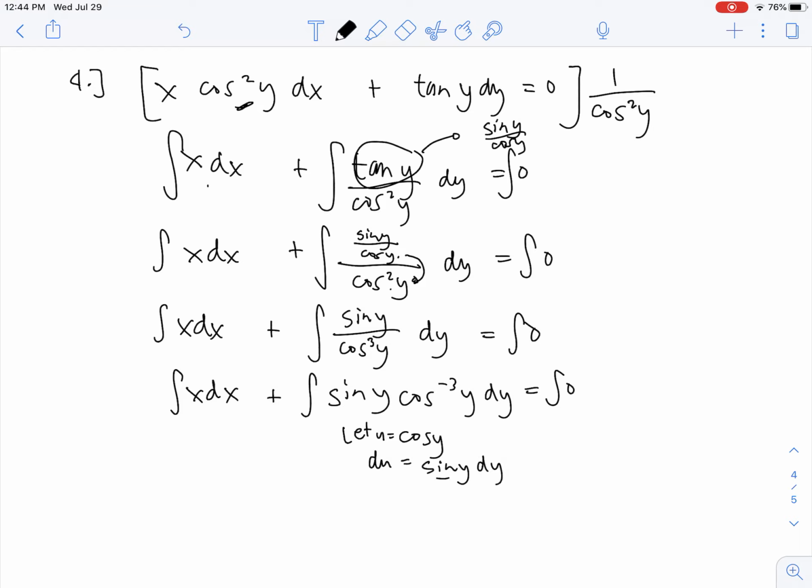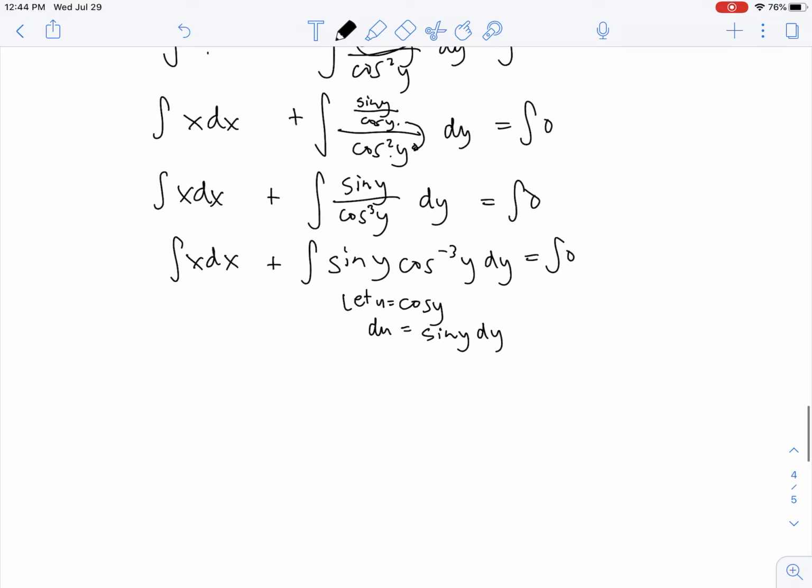So since sin y dy na po sin y dy dira as is na. Okay, since na tayo value sa u, na po tayo value sa du, proceed na ta sa substitution. So sin y dy is just du, and cosine y kani is just u. So therefore this is just u raised to negative 3, then du is equals to 0 or integral of 0.